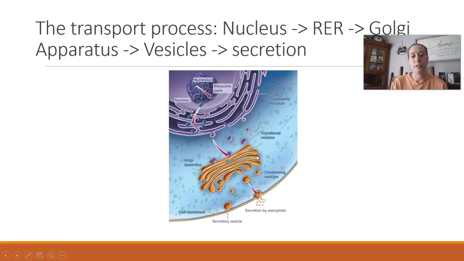I put another little diagram in here of the transport process: it goes from the nucleus to the rough endoplasmic reticulum to the Golgi apparatus to the vesicles, and then the secretion. You can see how that moves.